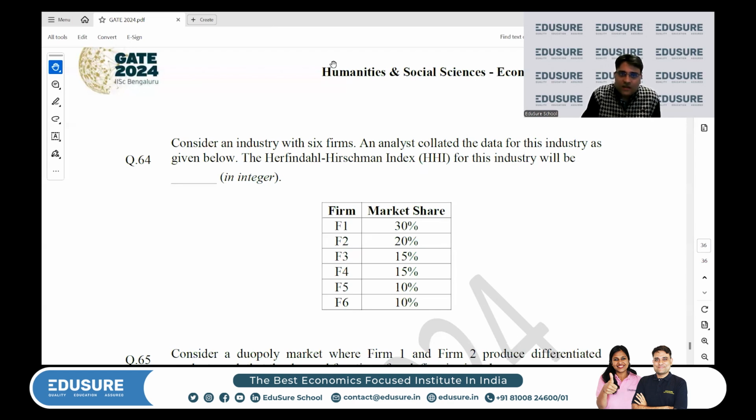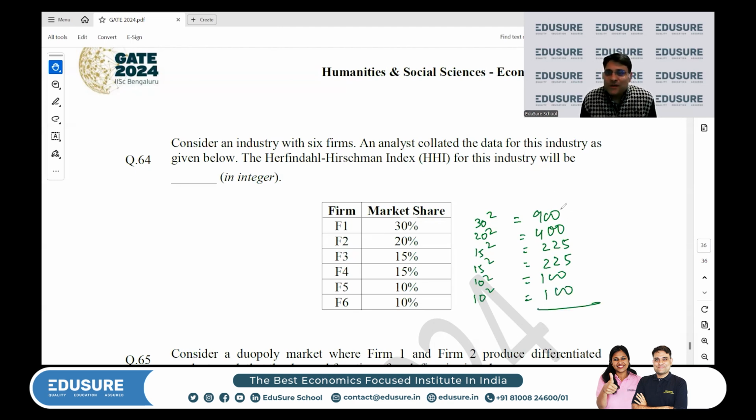HHI here will be the market share percentages squared: 30 square, 20 square, 15 square, 15 square, 10 square, 10 square. So 30 square is 900, this is 400, this is 225, this is again 225, this is 100, this is again 100.